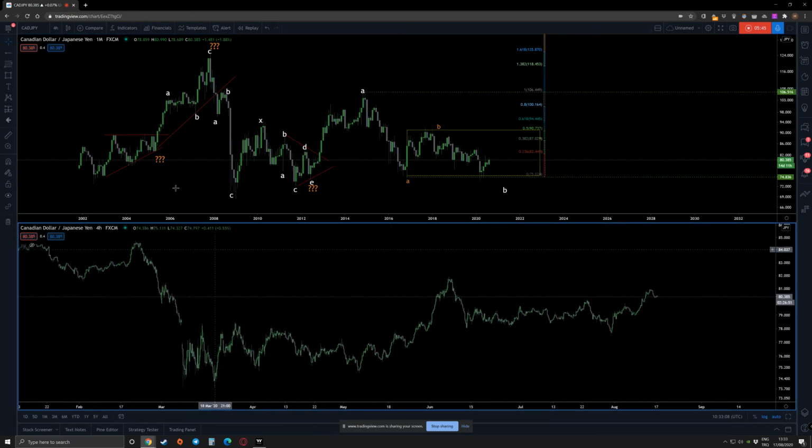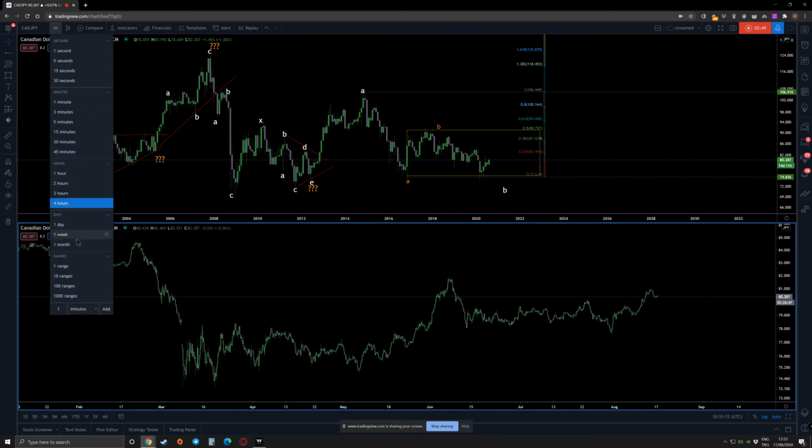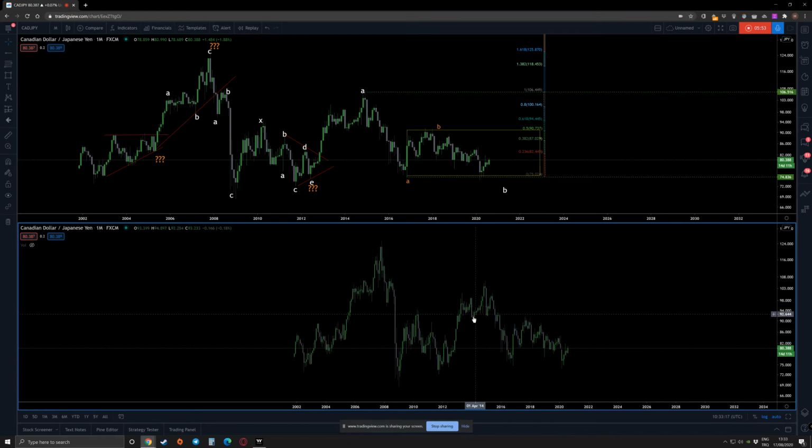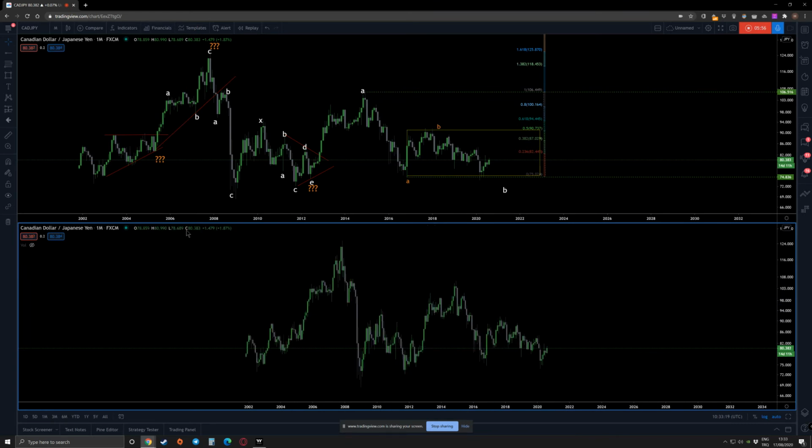Let's go to the monthly chart and look at what's going on here as well. What I am about to do has nothing to do with Elliott, by the way.